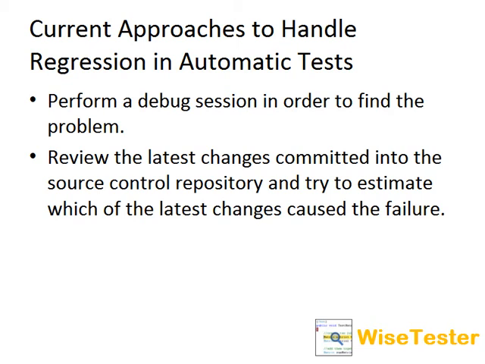Another issue is that the developer spends the time on reviewing these changes without any guarantee that it will actually help him. Not to mention that this approach doesn't help developers who execute their tests before committing their changes into the source control. If the test failed due to new code changes which haven't been committed yet and are waiting to be committed, reviewing the latest changes on the source control log won't help.